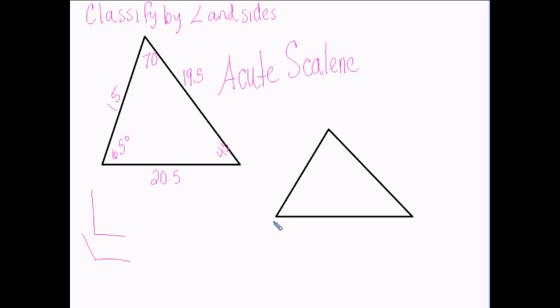Now this one, I tried to get it really close to 90 degrees up here. So this might be 90, it might be a little more than 90, it might be a little less than 90, I'm not sure. But you can tell that's the largest angle. So I'm going to measure the largest angle first and see where I am.